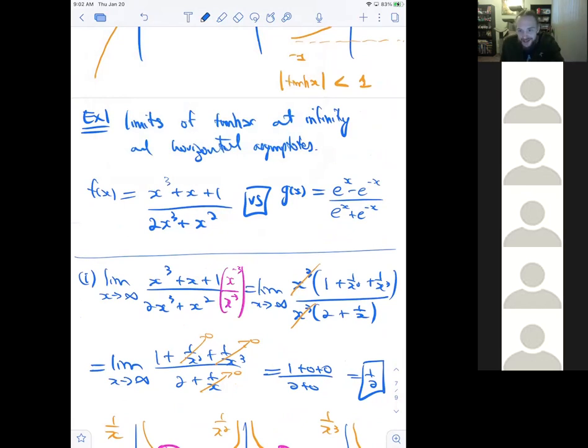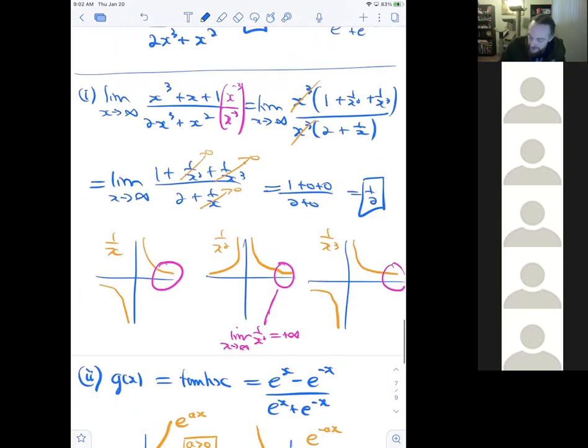So I say, what's the highest power? x to the 3, so I can multiply by x to the negative 3 and get rid of them all. I multiply by 1.